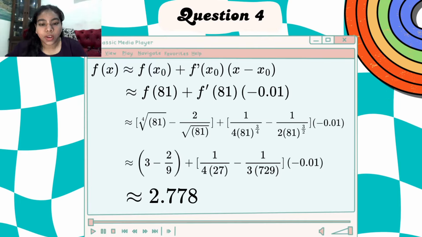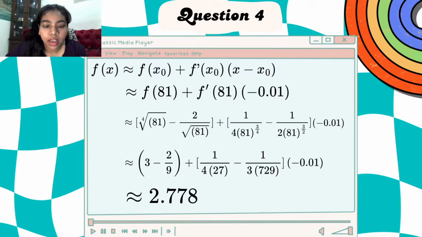For f(81), we just have to put in the calculation that we calculated from f(x), which is the fourth root of 81 minus 2 over square root of 81.